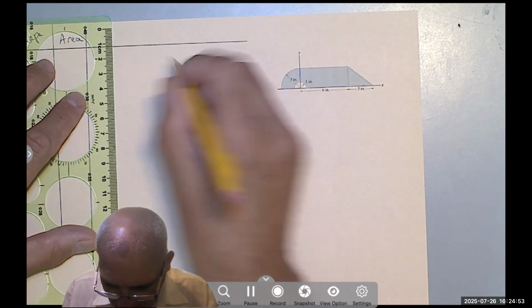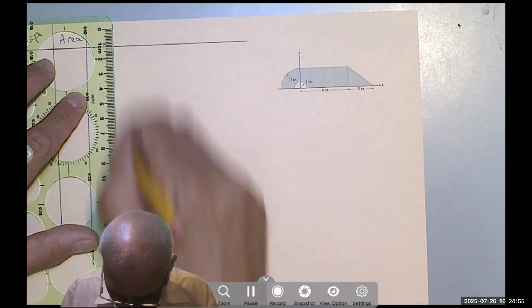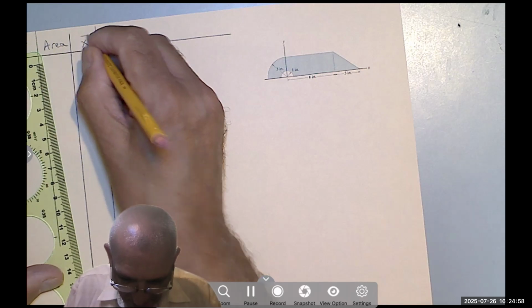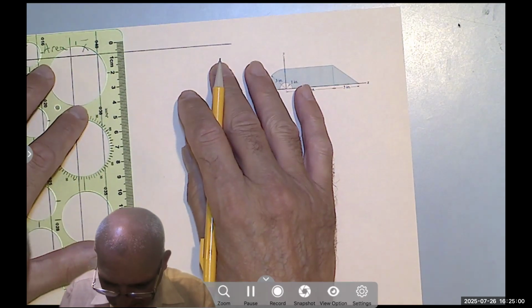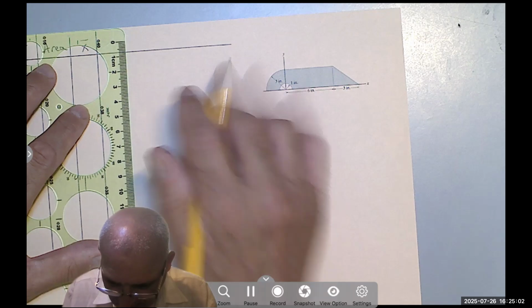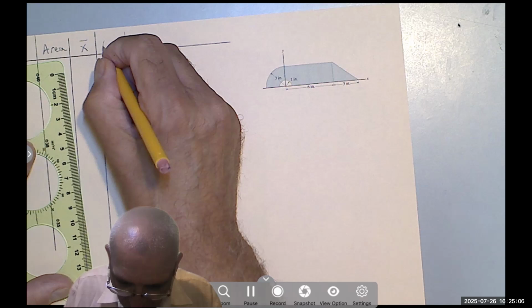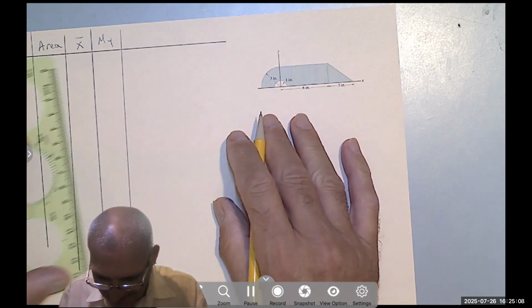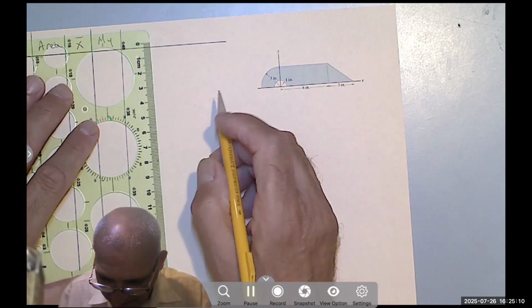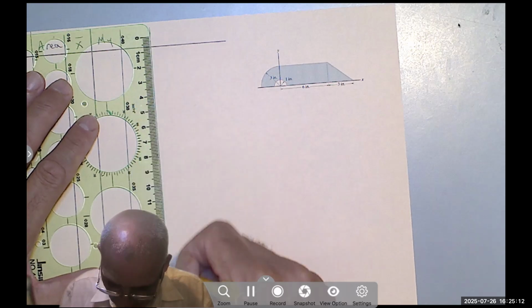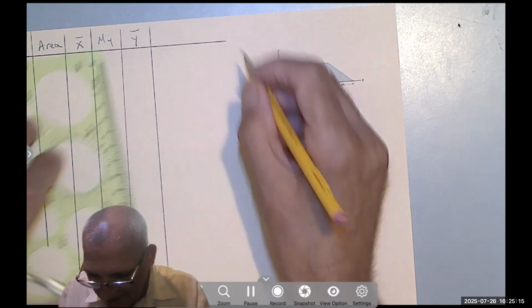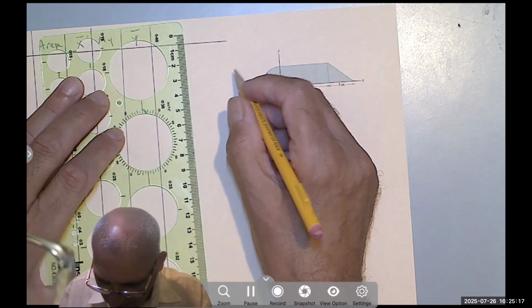Then I will do the x bar of each shape. And after the x bar, we are going to have the moment about the y-axis, My. We'll see what that means. And then we'll do a column called y bar, and finally a column called Mx.